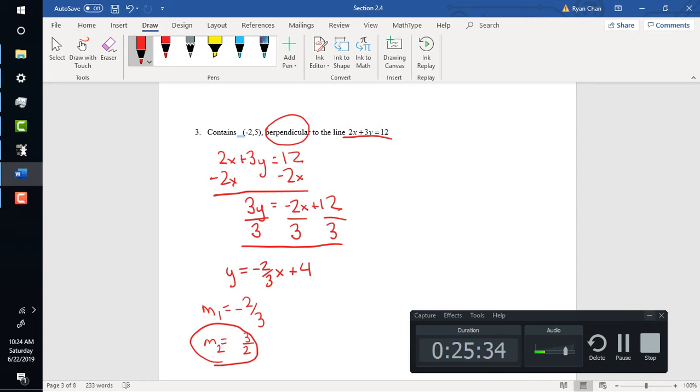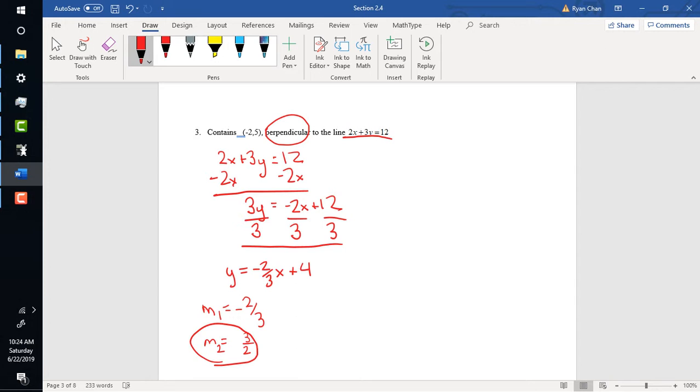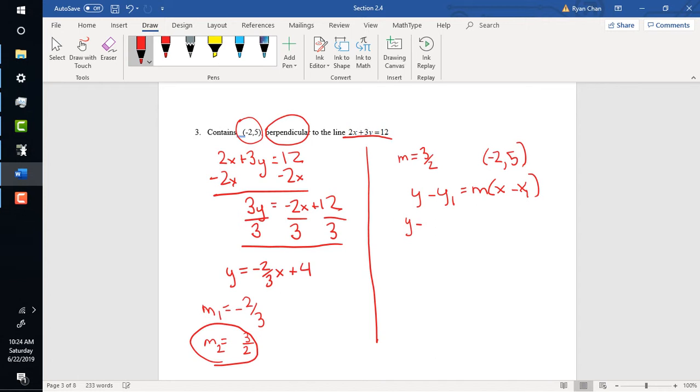So once you know your slope and you know your point, it's the same thing we've been doing in the past for 2.3. You know your slope, which is 3/2. You know your point, which is negative 2, 5. y minus y1 equals m times the quantity x minus x1. So y minus 5 is equal to 3/2 times x minus negative 2.